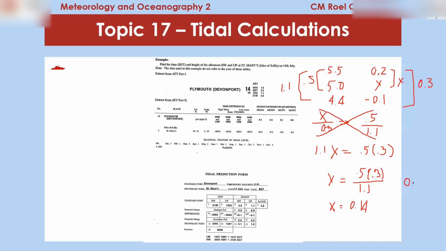So decreasing means minus. 0.2 minus 0.14. So ilan? 0.06. However, ang hinahanap doon is only one digit sa decimal. So this is rounded off to 0.1. Positive. Okay, so tingnan natin.